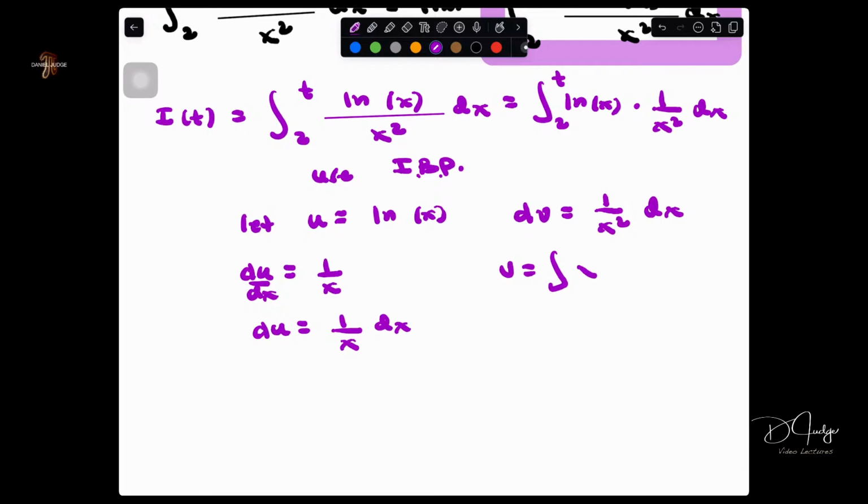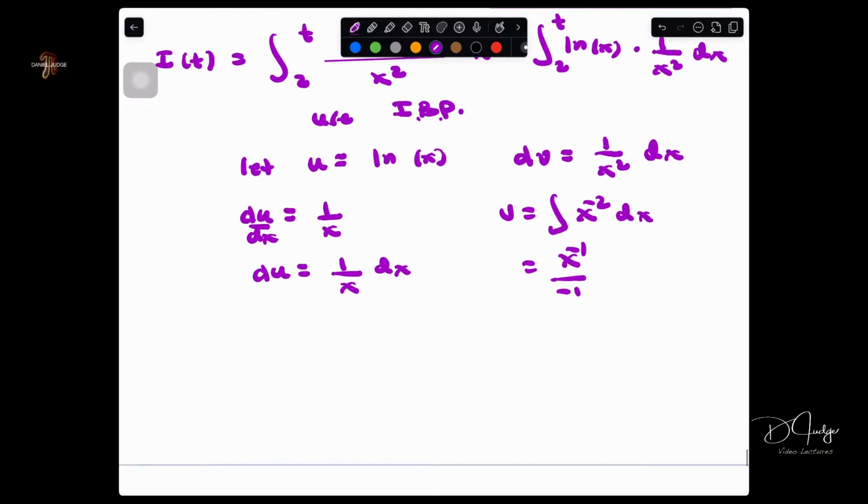v is the integral of x to the minus 2 dx, which is negative 1 over x. Let's do every detail. It's negative x to the minus 1 over minus 1, which is negative 1 over x. Now, integration by parts: uv minus the integral of v du.